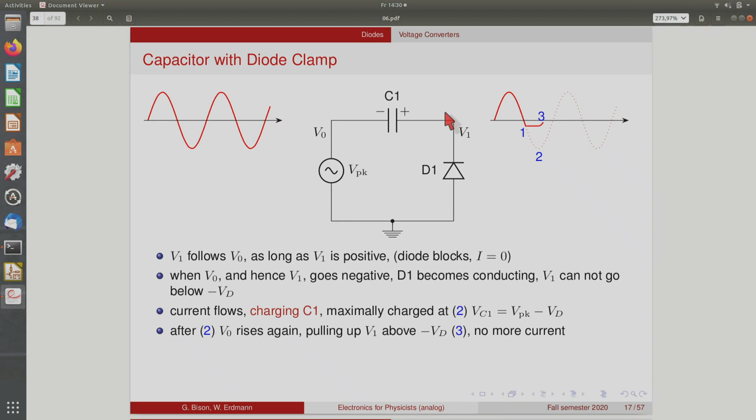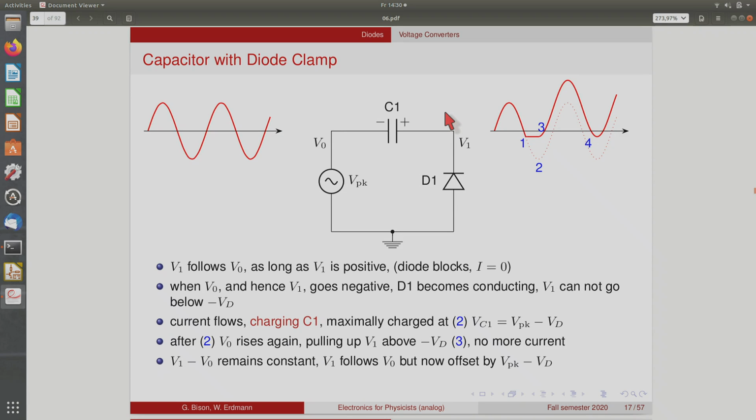So we're lifting both sides of the capacitor up, which means that the output goes up to twice the peak voltage. The input goes from minus peak voltage to plus peak voltage, and the capacitor can only follow this. So it goes up to twice the peak voltage. In the subsequent oscillations, it just follows and will never go negative again.